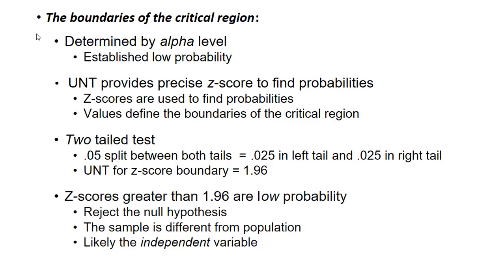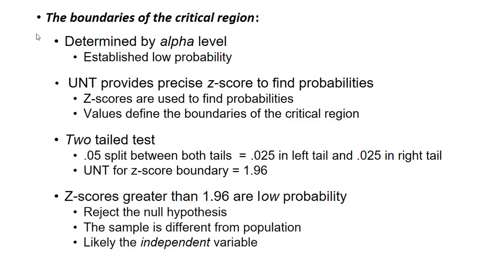We use our unit normal table that will provide a precise z-score for us to find the probabilities of finding our sample mean. So z-scores define the boundaries of the critical region. For example, I've been showing you a two-tailed test with an alpha level of 0.05. When we have that 0.05 or 5% in a two-tailed test, what we're actually doing is splitting up that 0.05 into both tails.